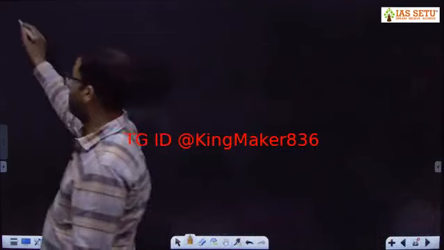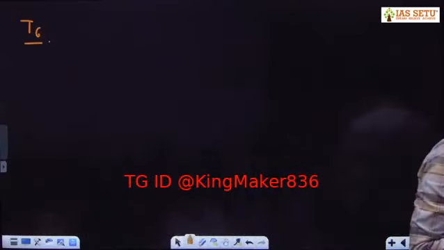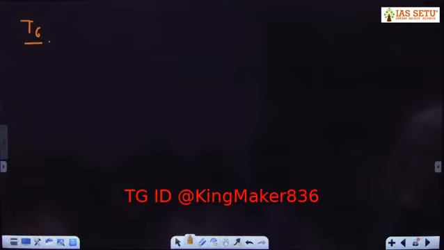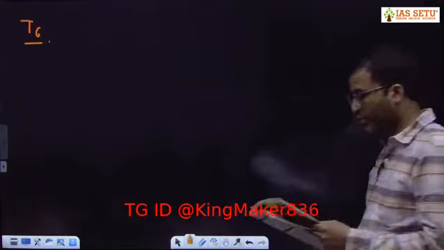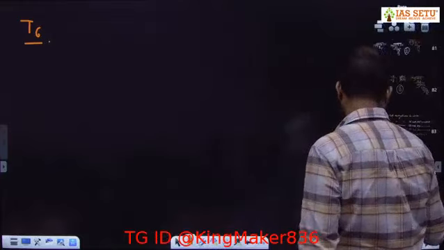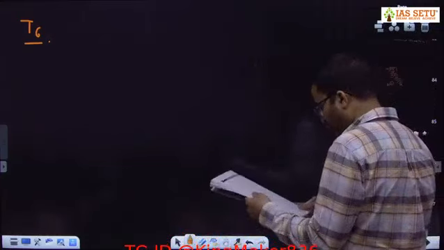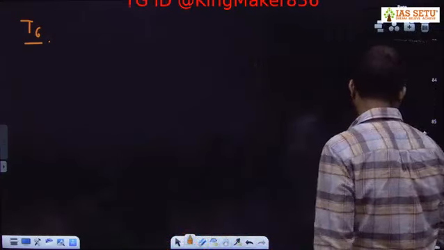Next question. Type 6. Type 6 question is, चलो टाइप 6 से पहले एक क्वेश्चन और ट्राई करते हैं. क्वेश्चन नंबर 24. I think you have booklet with you, page number 54, question number 24.